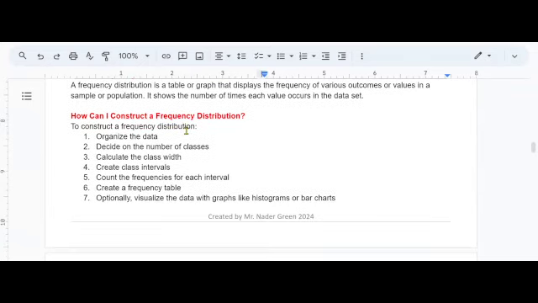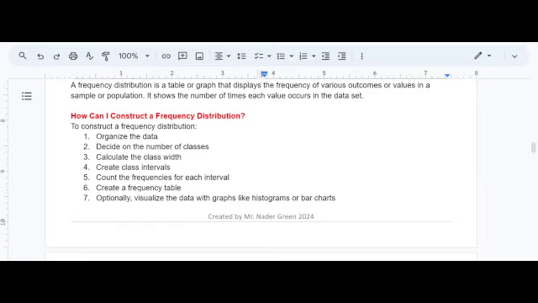How can I construct a frequency distribution? To construct a frequency distribution, first organize the data. Decide on the number of classes. Calculate the class widths. Create class intervals. Count the frequency for each interval. Create a frequency table.